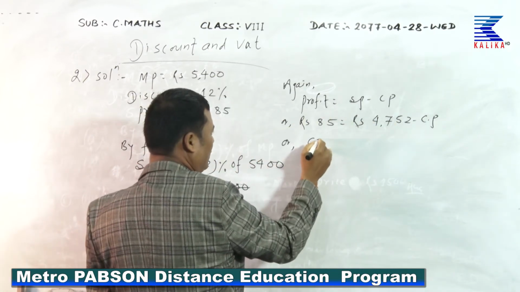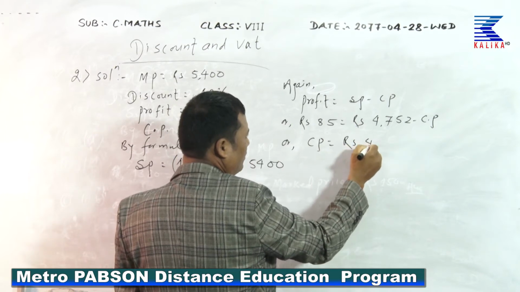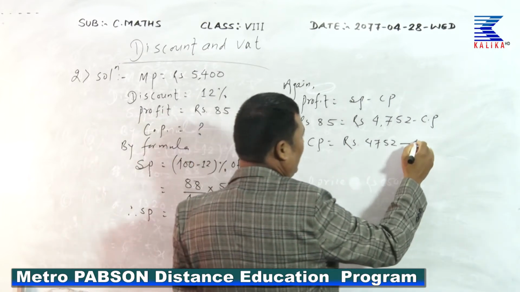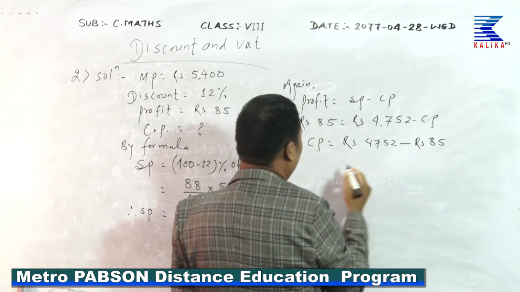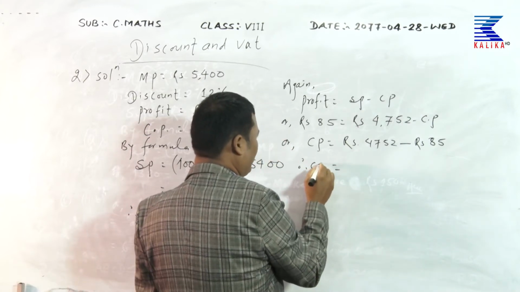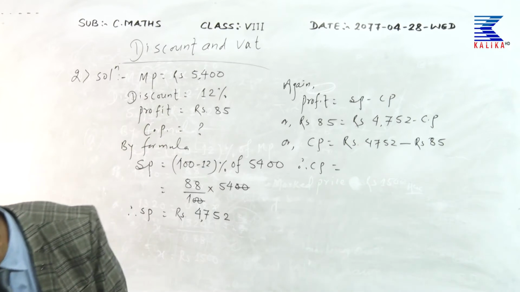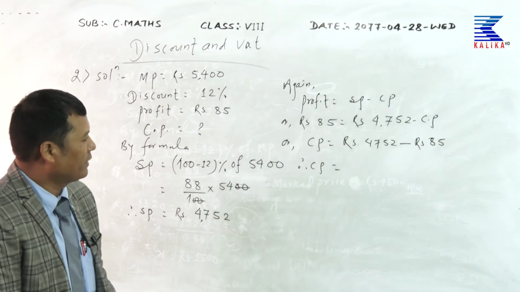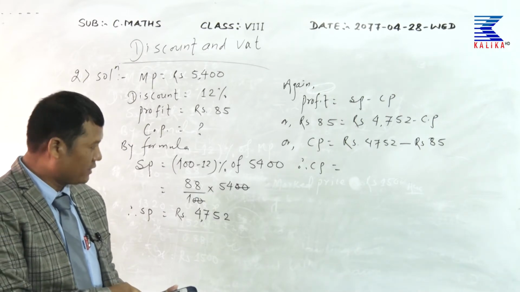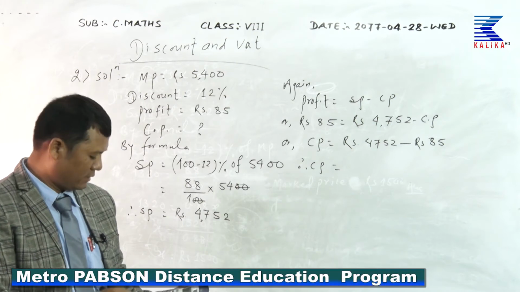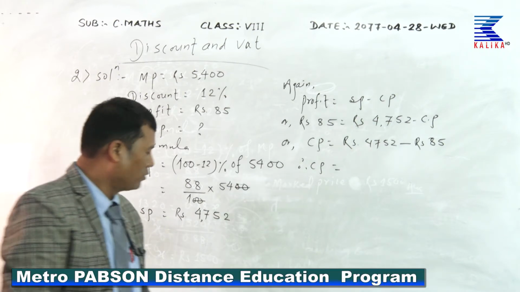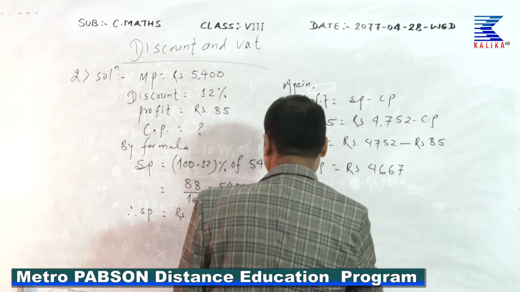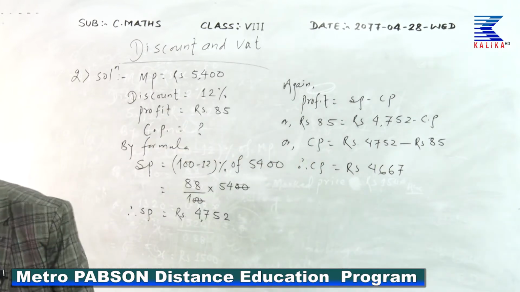CP is equal to Rs 4752 changed to the other side minus Rs 85. Therefore CP is equal to, subtract: 4752 minus 85 is 4667. It is the required answer.